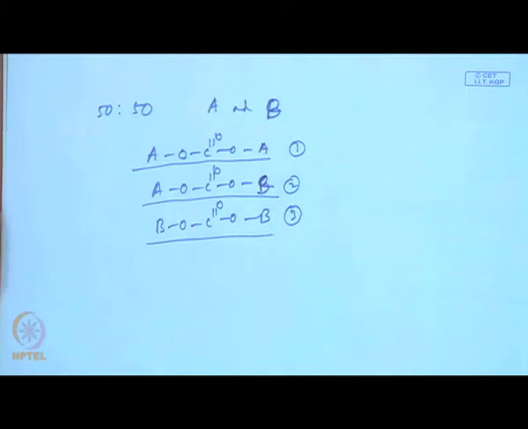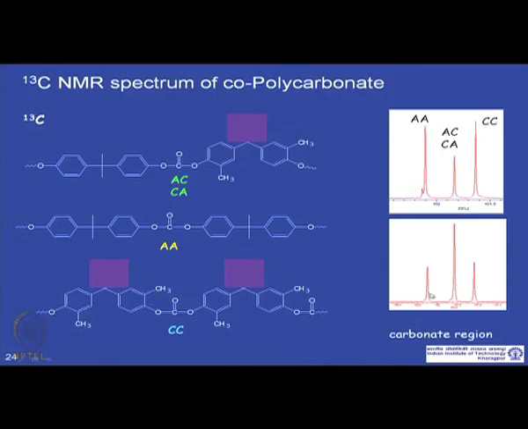If we go back and look at the computer screen, in this process of polycarbonate, this peak corresponds to AA, this carbonate, and this corresponds to this particular carbonate, and this is for this particular group, which is present in double amount compared to the individual ones.